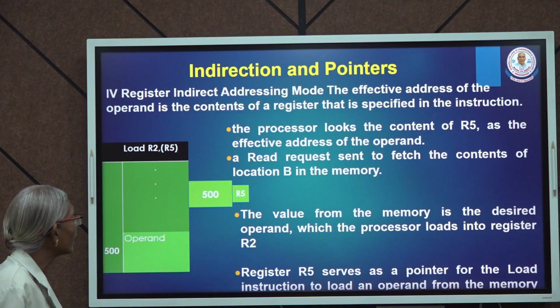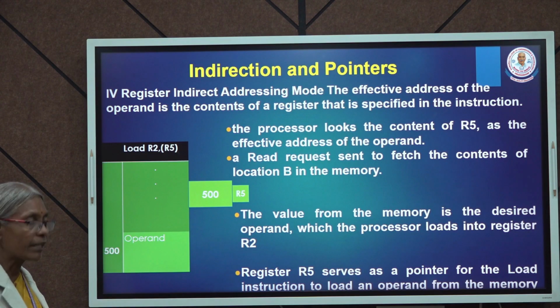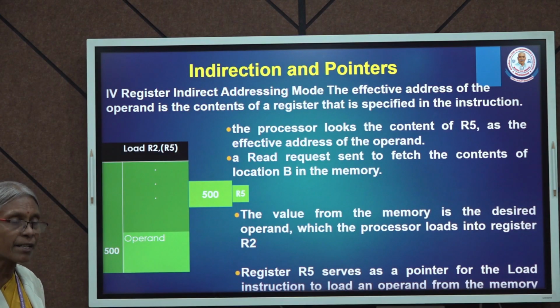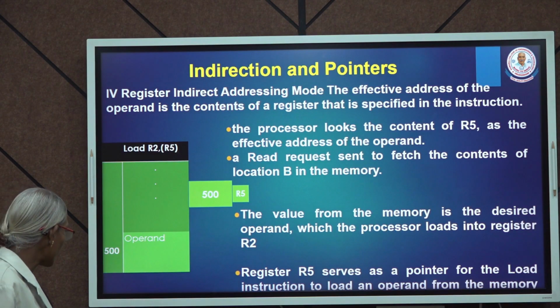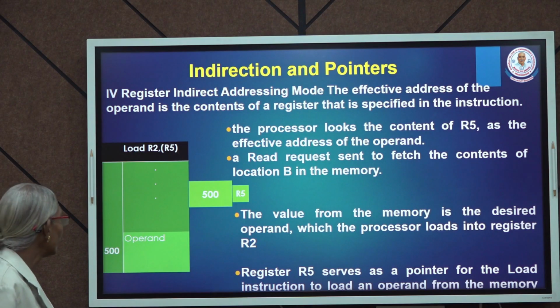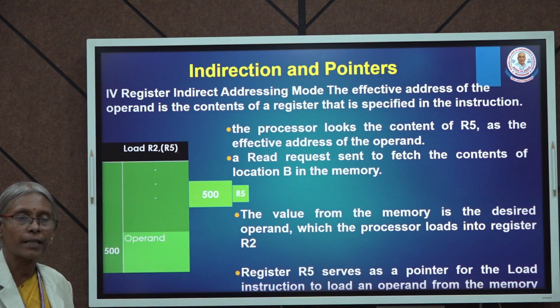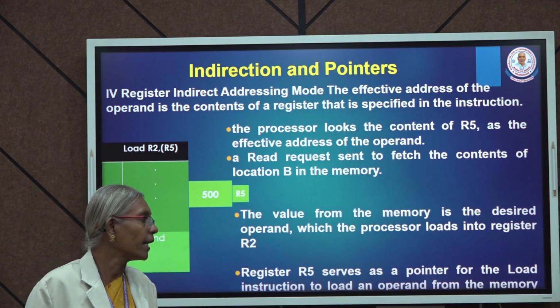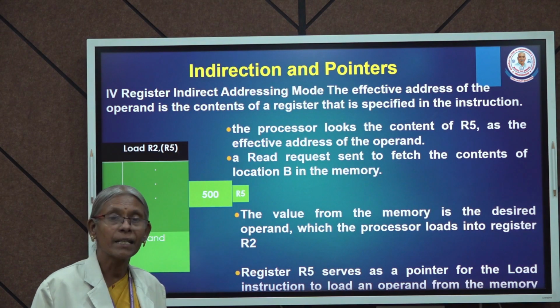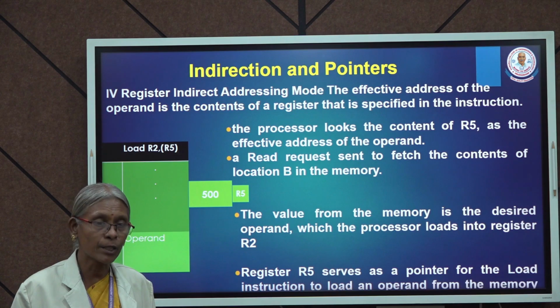In R5 I have the data 500. So now 500 gives the address of the operand. At location 500 the operand is available. So the value from this location, 500, is taken for consideration. This is the register indirect addressing mode.